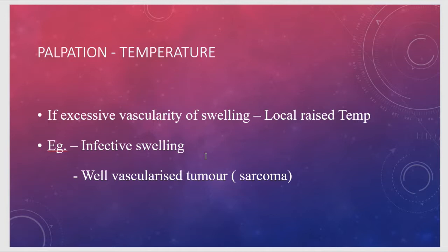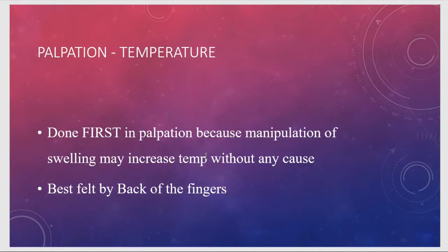It could be an inflammatory or infective swelling, or it could be a mesenchymal tumor that has a very good blood supply, a well vascularized tumor, for example sarcoma. So always rule out these two things: infective or inflammatory swelling and mesenchymal tumor like sarcoma.